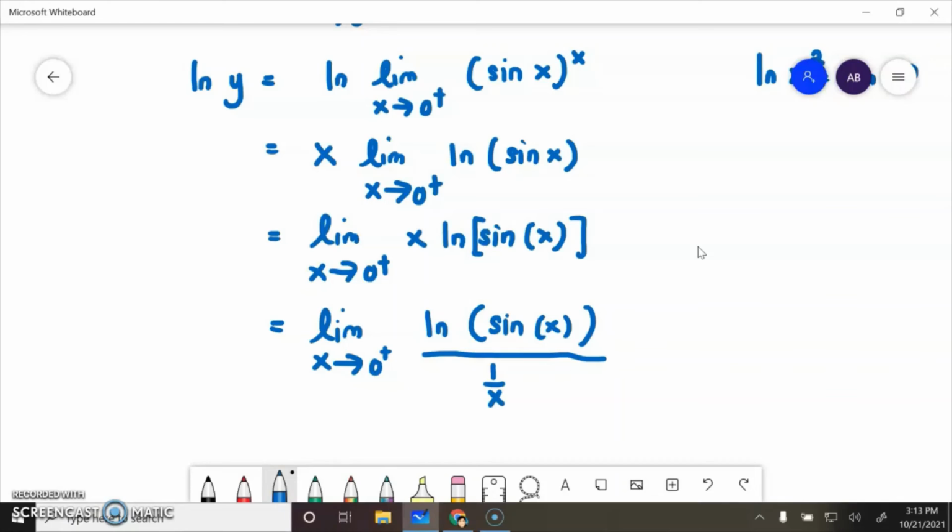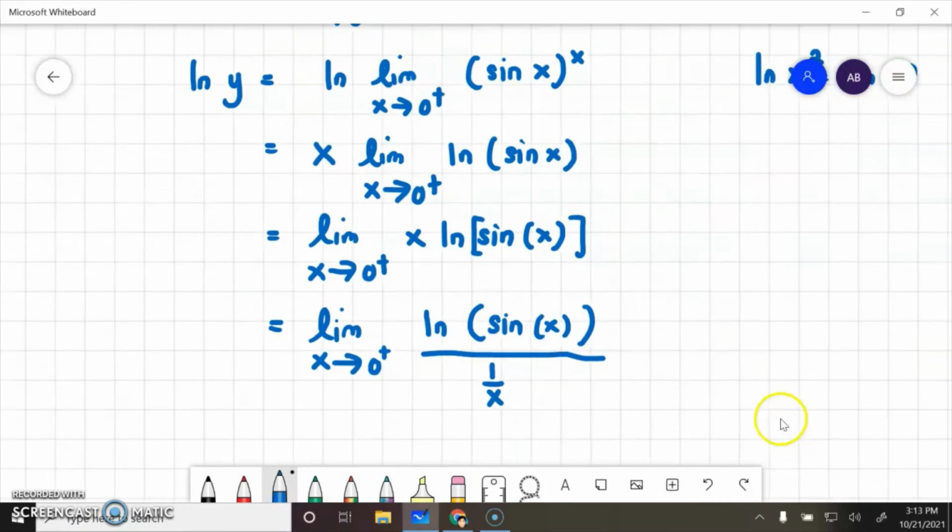Now this is when x approaches 0 from the positive side. So sine x is 0, ln 0 is negative infinity, and 1 over x approaches 1 over 0. So I cannot divide by 0. So this is in indeterminate form, right?